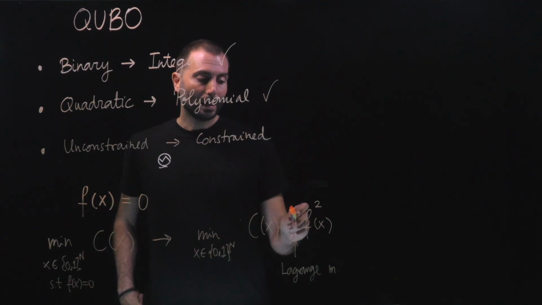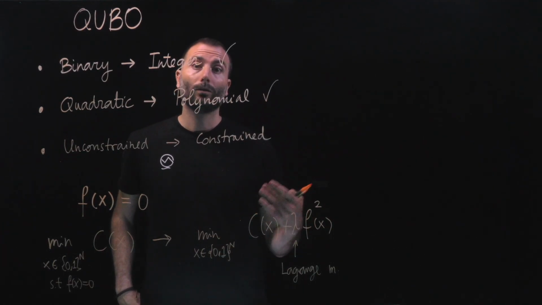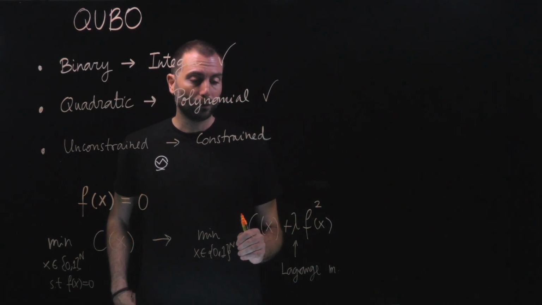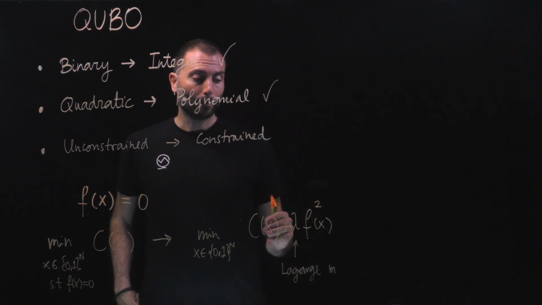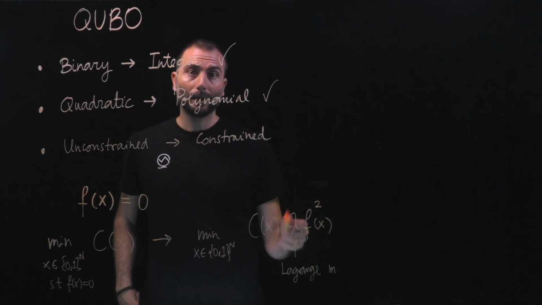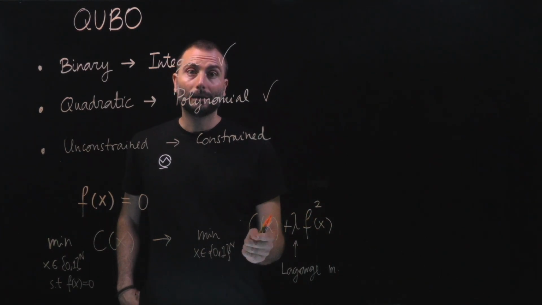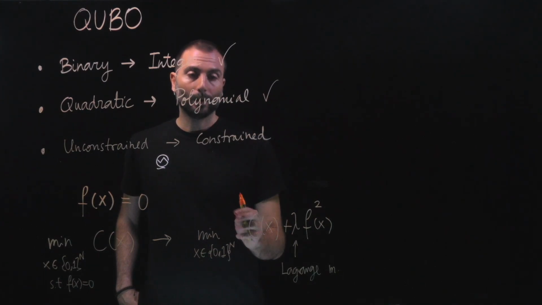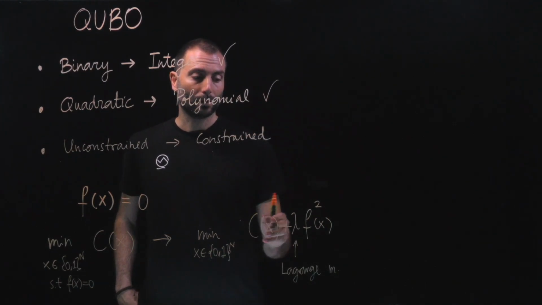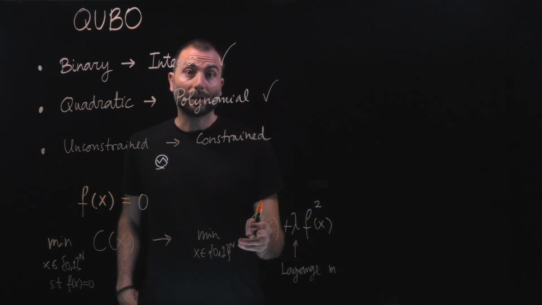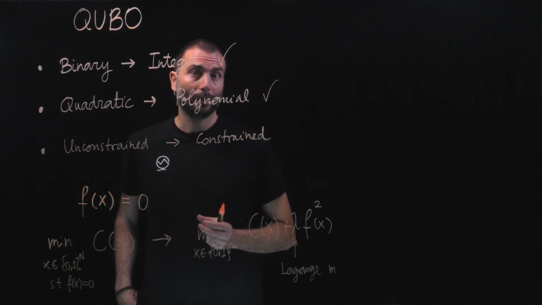In contrast, if this Lagrange multiplier is too large, then usually what happens is that you always fulfill the constraint, but the optimizer doesn't find the accuracy to distinguish properly between different solutions, because the energy scale is given by this Lagrange multiplier, and the cost function really doesn't discriminate between different solutions.